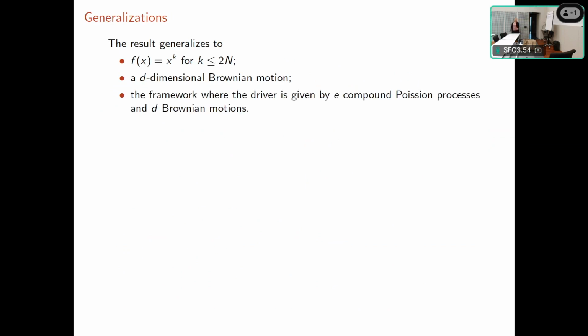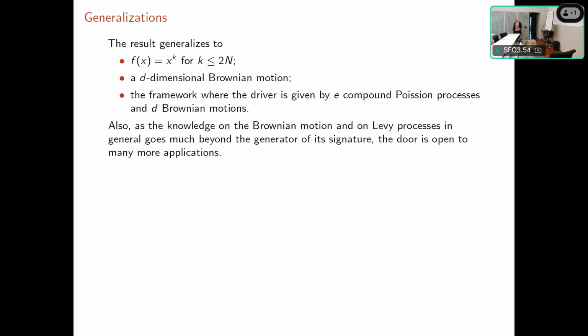Okay. You can generalize to powers, so polynomials, if you want to compute moments of your original process. You can consider a d-dimensional Brownian motion, correlated or not correlated. You can consider also e different compound Poisson processes.